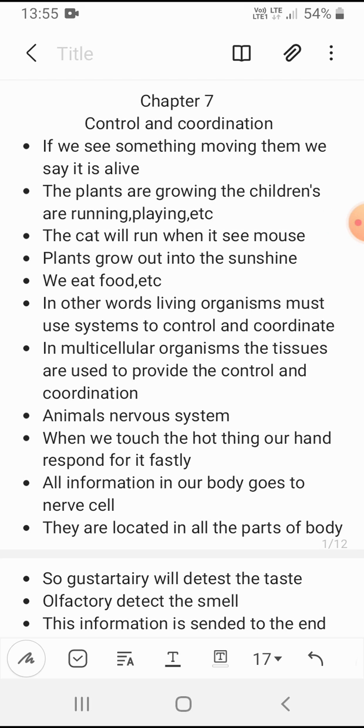And watch both part 1 and part 2 videos and understand this chapter. They will ask for the diagram, as I said, from this chapter. They will ask the neuron and brain diagram, and some questions about the hormones.